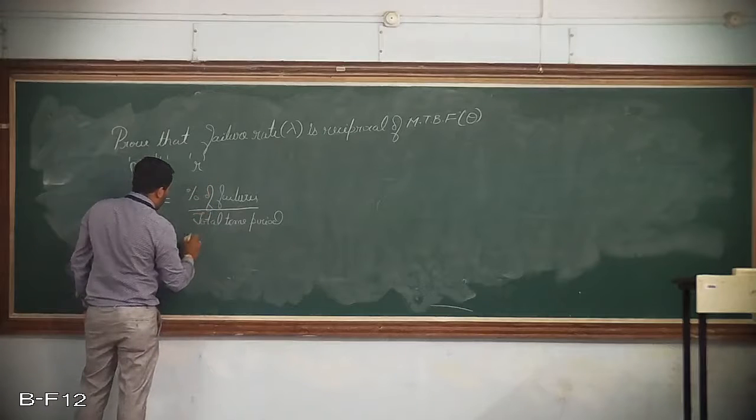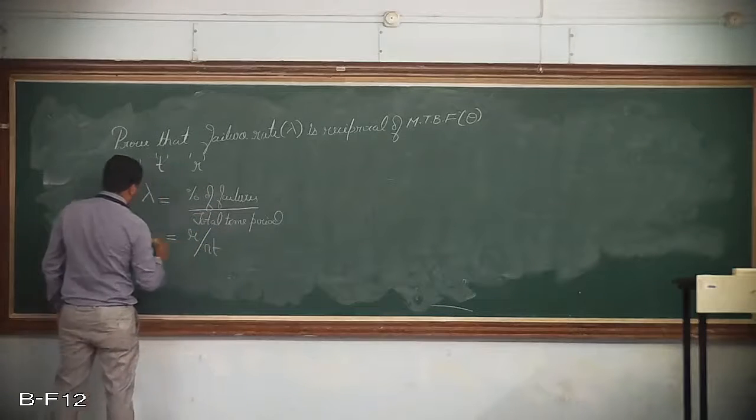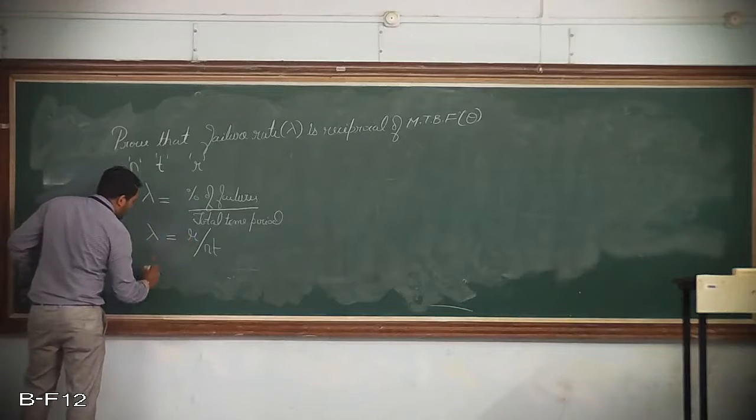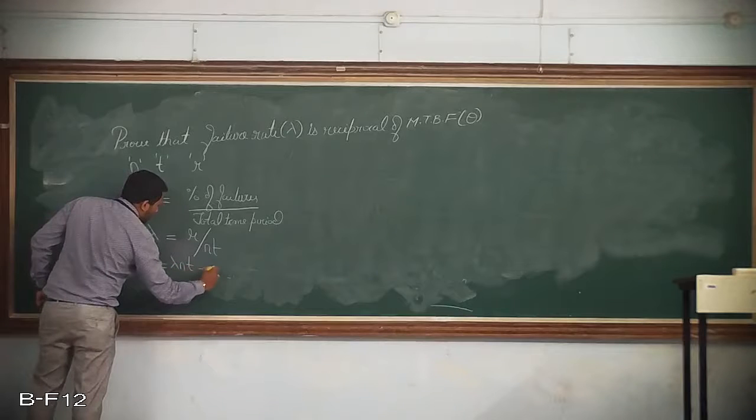The percentage of failure is r and total time period is nt, which is equal to lambda. If I take with respect to r, then this equation will become lambda nt.